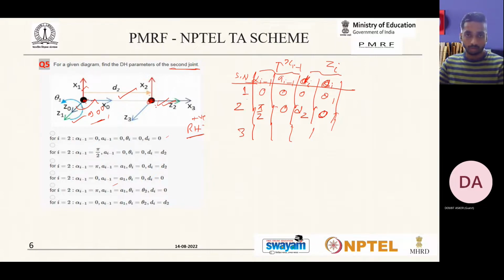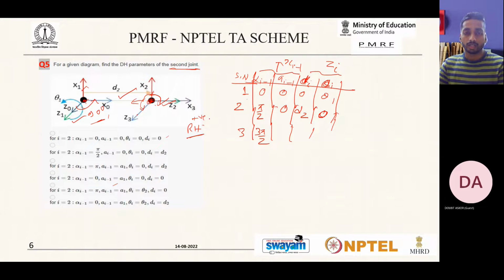First you go 90 degrees, so it will face away from me, then again 90 degrees, so it will face this side, and then again 90 degrees, then we finally get this side. So it will be nothing but 3 pi by 2. So alpha i minus 1 is 3 pi by 2 for joint 3.